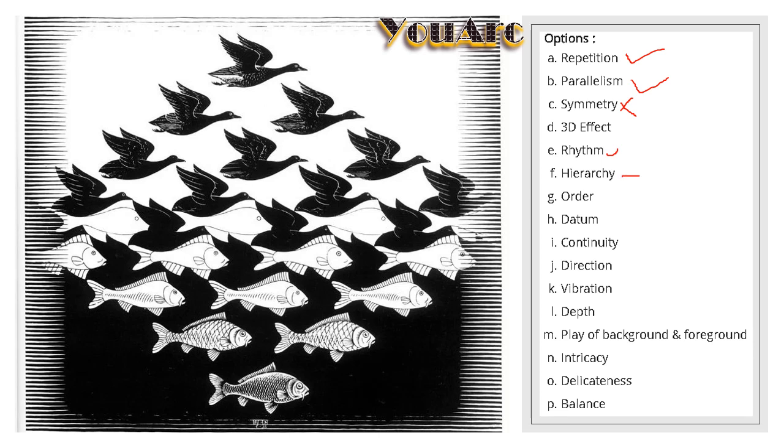Order, yes. Continuity, direction is there. Depth is not there. Vibration is not there. Balance is there. So I'll give repetition first, parallelism, and then I'll give order, direction, and balance.